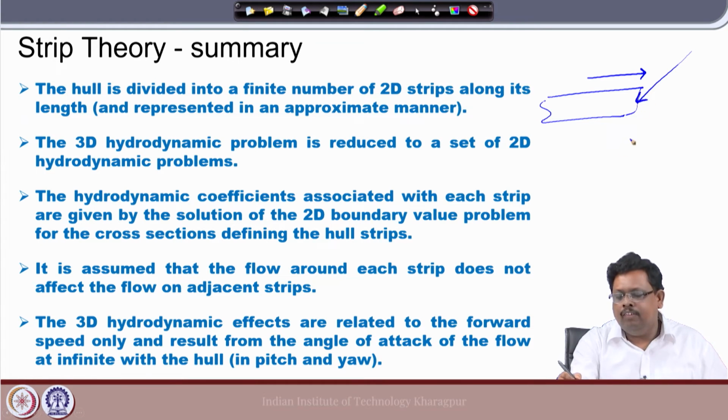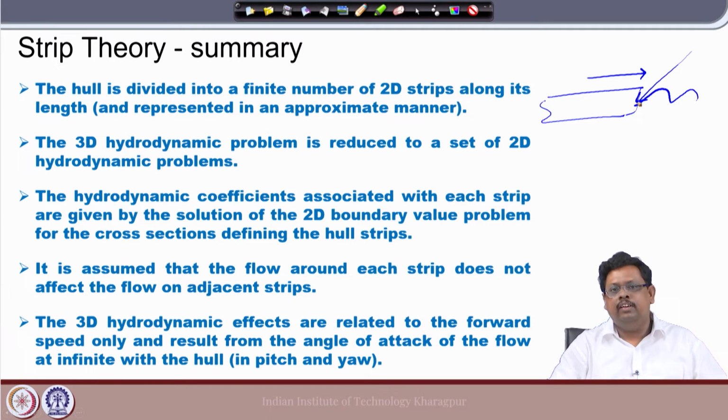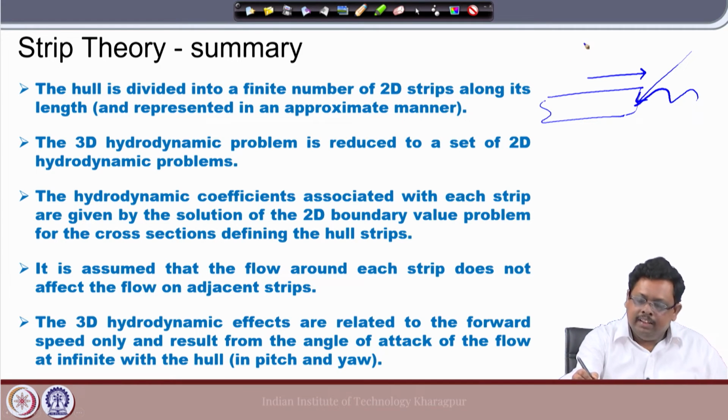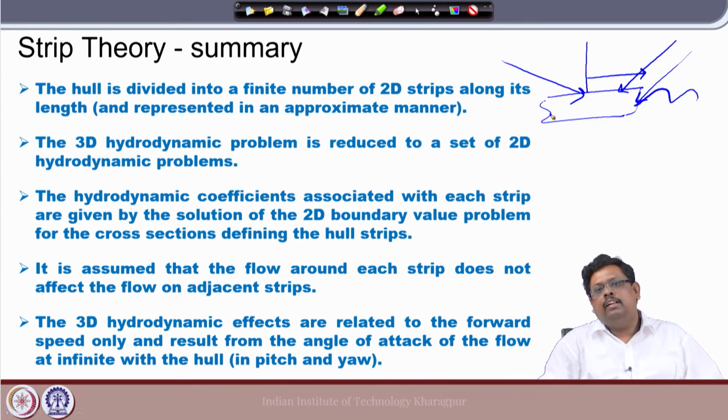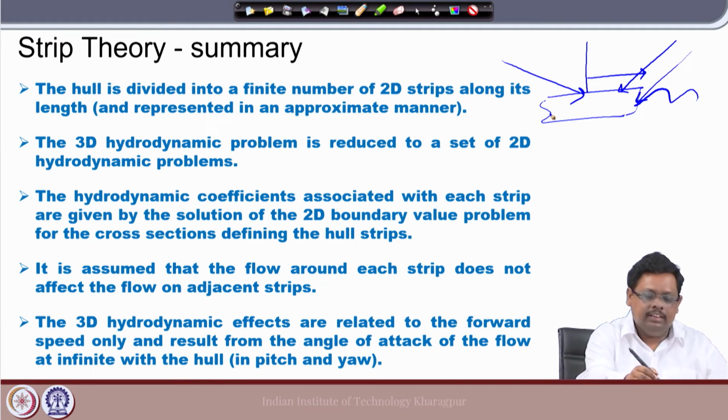Normally you are not always encountering the head wave. Sometimes the waves may be coming from the beam sea location, 90 degrees, sometimes from here, sometimes from here. So, therefore, this 3-dimensional effect is related to this one.